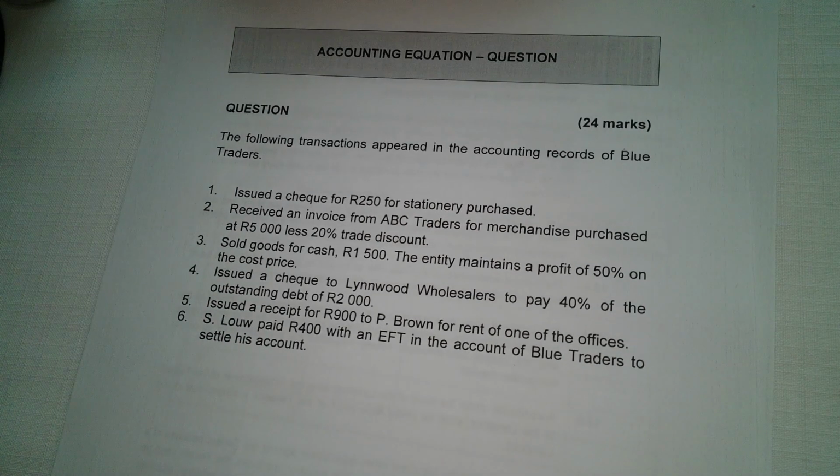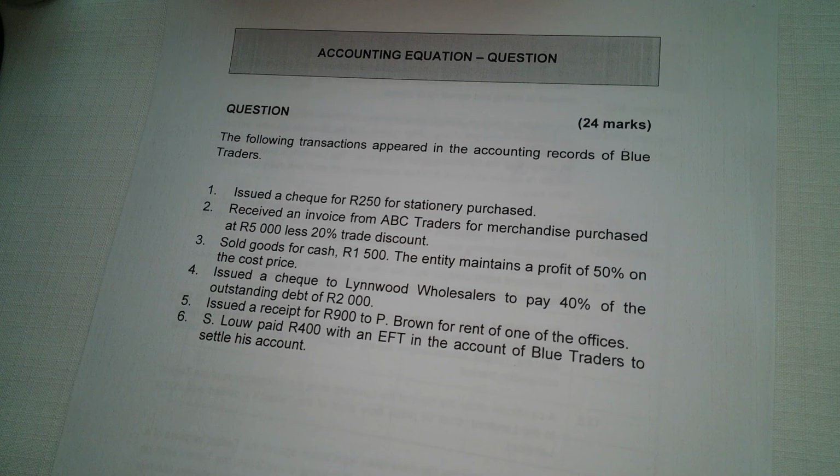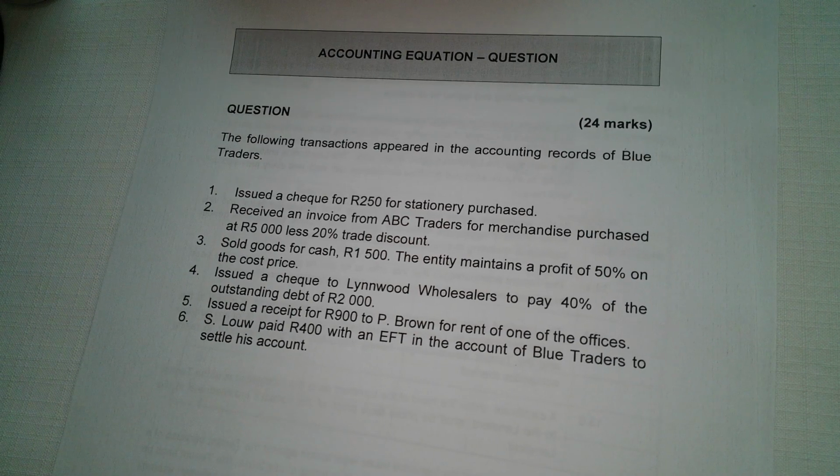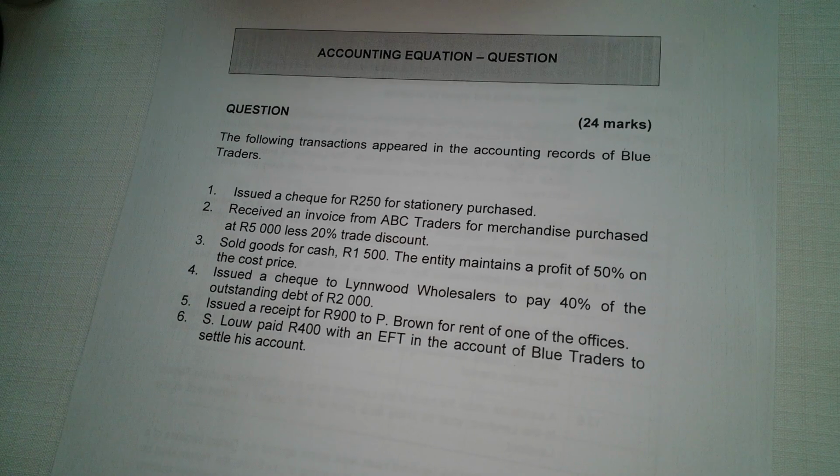In number 2, receive an invoice from ABC Traders for merchandise purchased at 5,000 less 20% trade discount. Now, first of all, you must remember that we never record trade discount or cash discount. We subtract the amount from the total and the reduced amount is recorded.